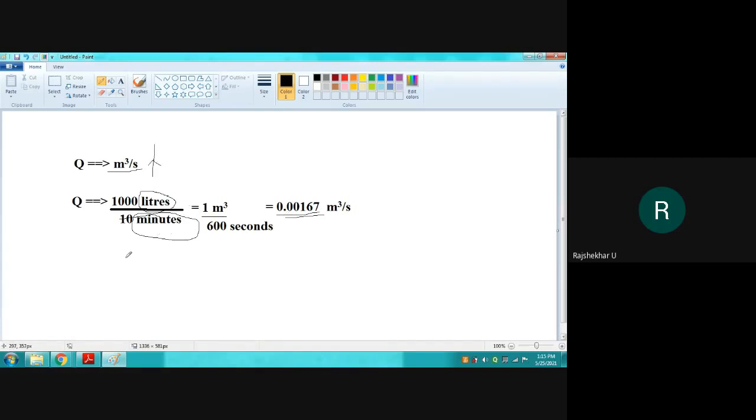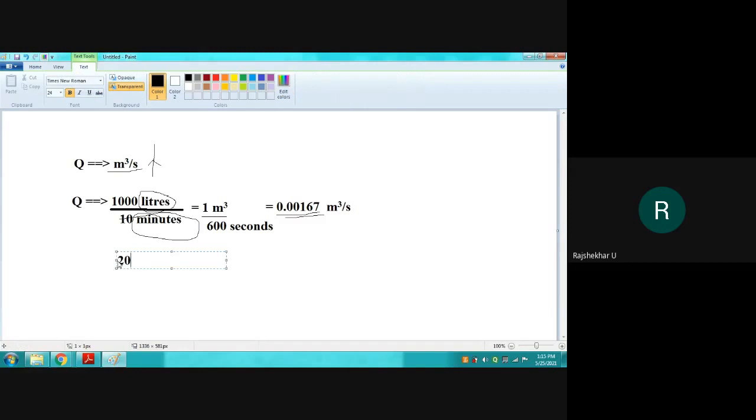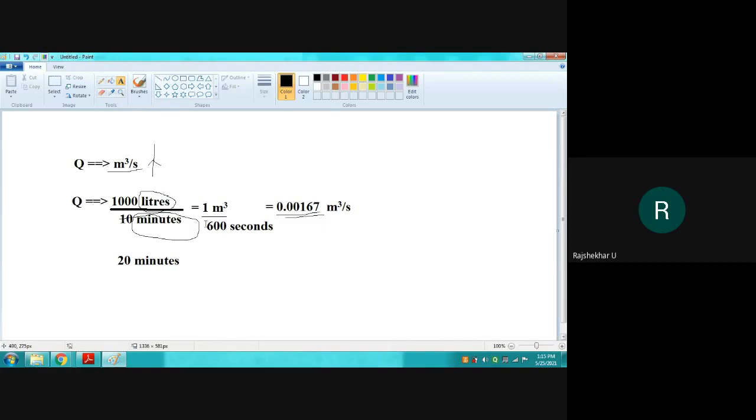If it takes 20 minutes, what value will we get instead of 10? Here it will be 1200 seconds. So 1 by 1200.